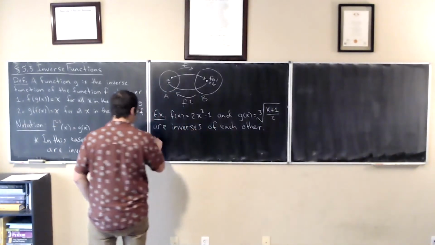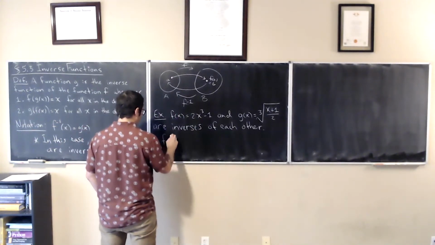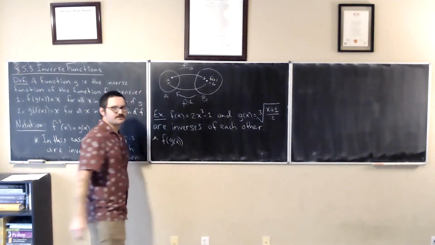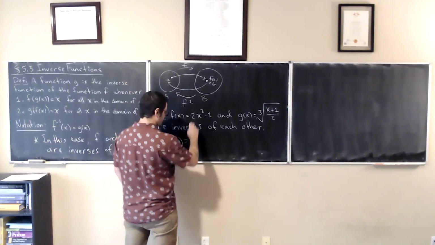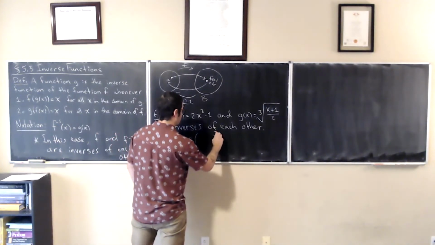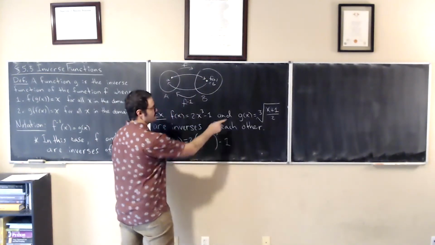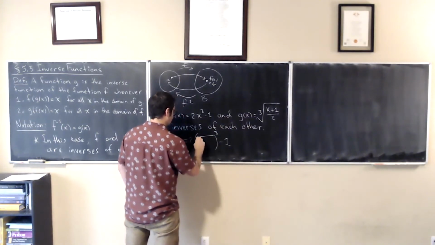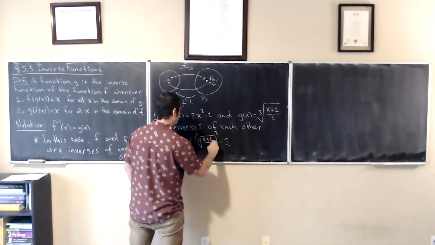So just to verify this claim, let's look at f of g of x. So f composed with g. We better get back x. So what does this look like? This is 2 times g cubed minus 1. So what does g look like? It's the cube root of (x plus 1) over 2.